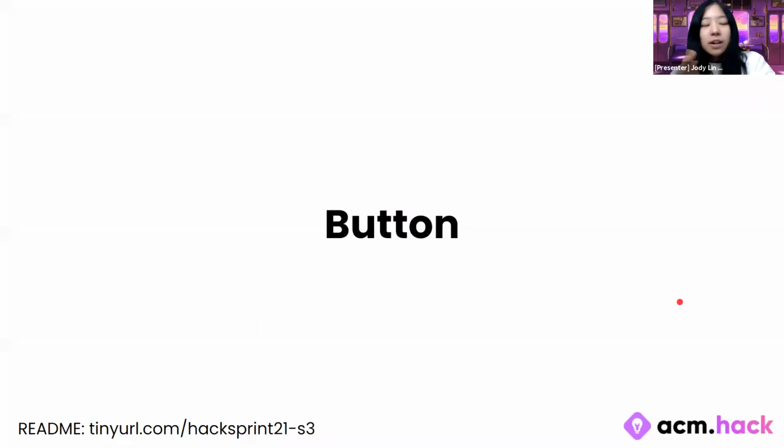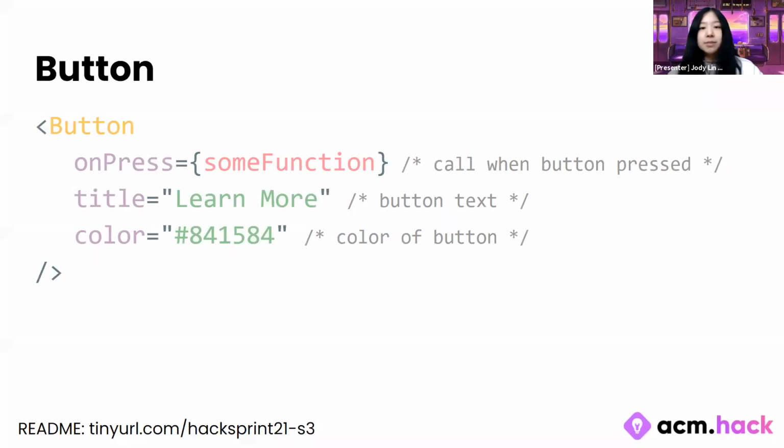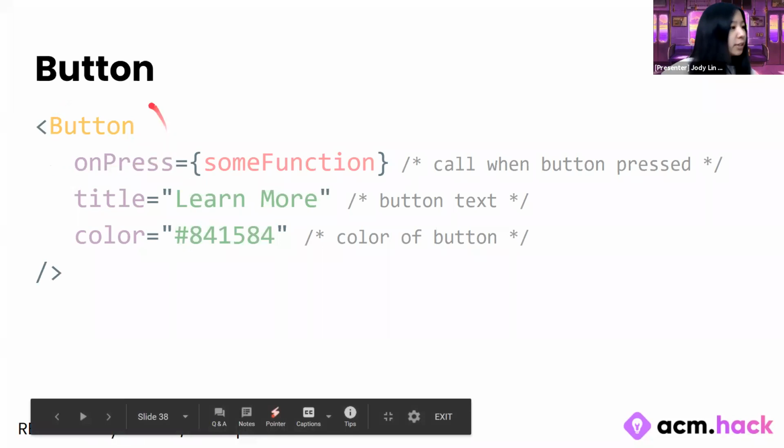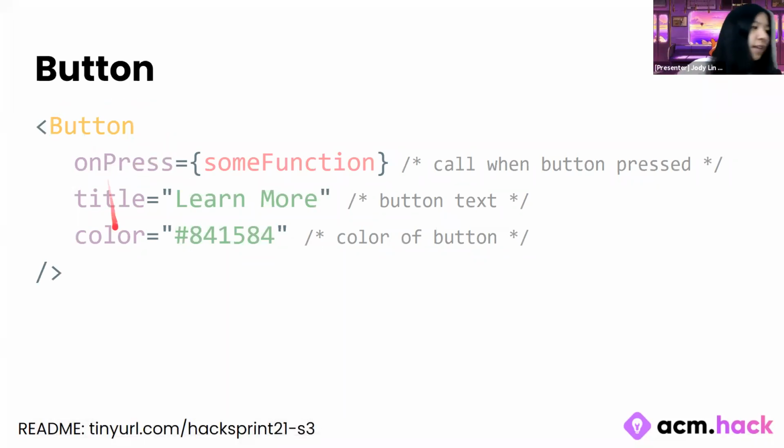So first, we're going to start off with a button. We have already looked at a few apps. Buttons are very useful. Buttons are actually part of React Native, and they provide them to us. The syntax looks something like this. You have a button component. What's special about this button component that React Native provides to us is it has some very specific, predefined props that we can use to customize this button.